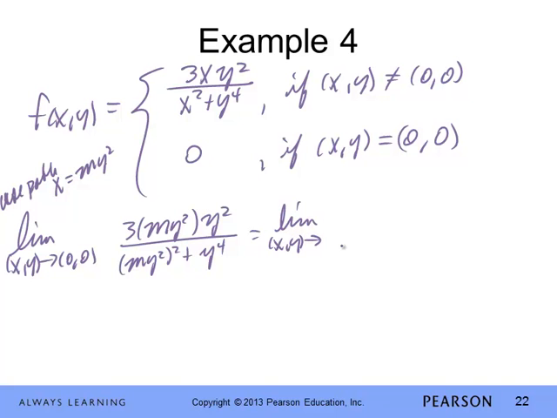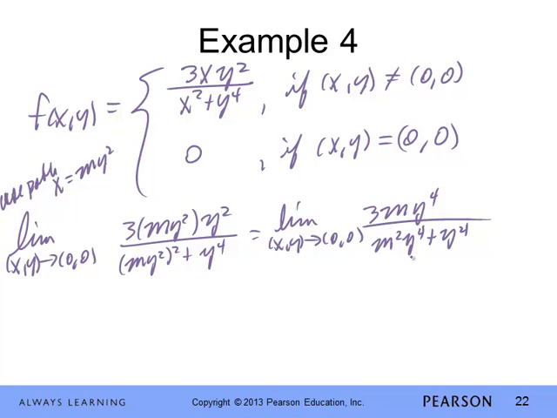So let's simplify this. Now in the numerator we've got 3 times m times y to the 4th, and then we have, in the denominator, m squared times y to the 4th plus y to the 4th.